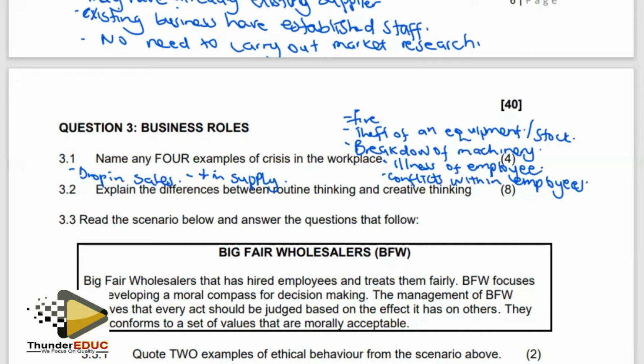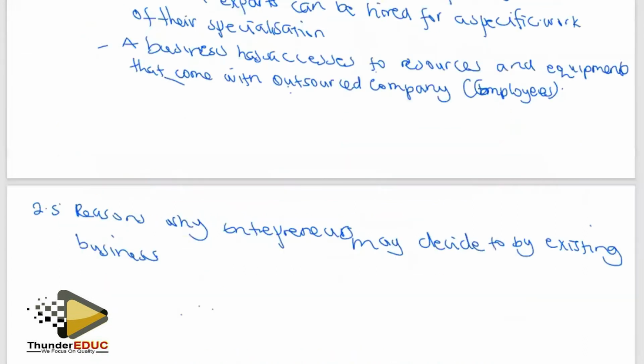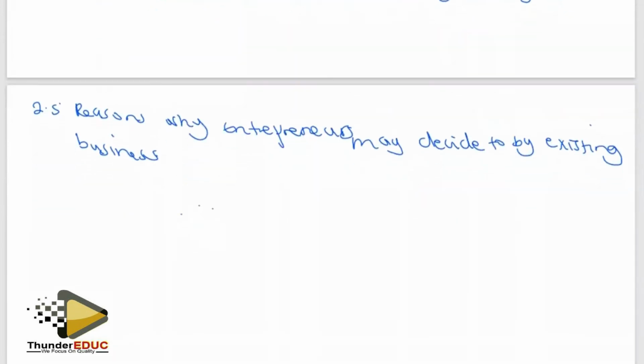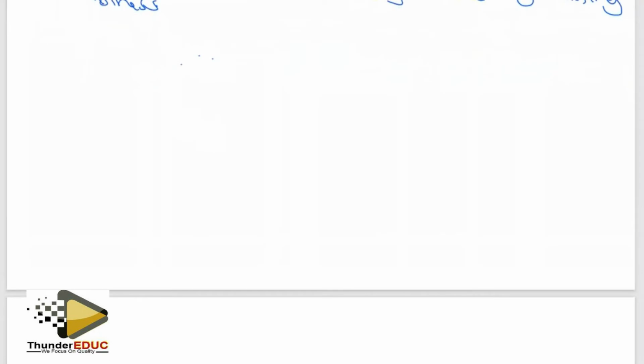Let's look at another question, 3.2, which requires us to explain the differences between routine thinking and creative thinking. Very important. After identifying this, look at the key aspects in the question. The question requires us to identify differences between routine thinking and creative thinking.